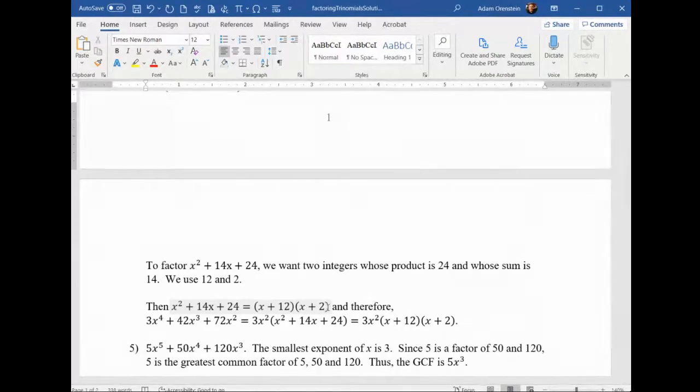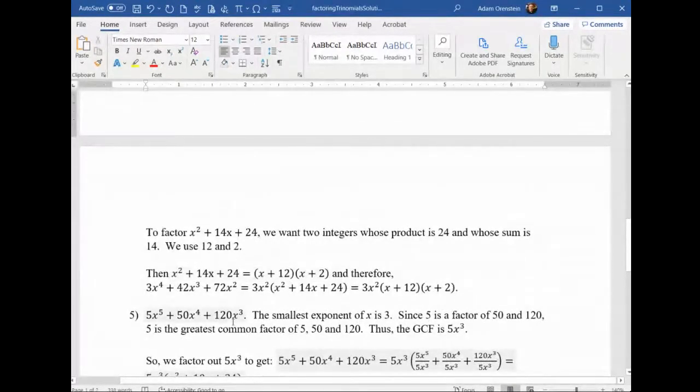Okay. For 5, it's really the same idea. We can see that there's an x among each term, so the GCF is not going to be just 1. The smallest exponent of x is 3. 5 is also one of those numbers where its only factors are 1 and itself.